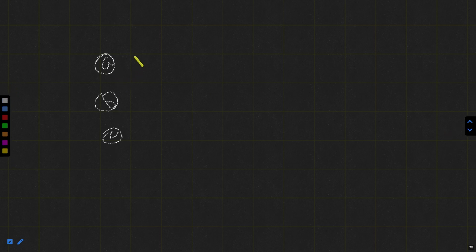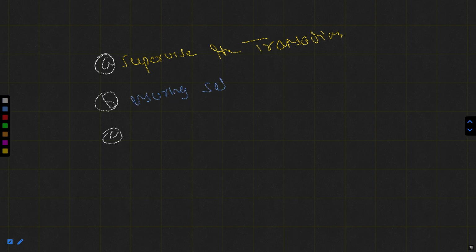First is supervising the transaction. Thereafter, ensuring settling of the transaction.